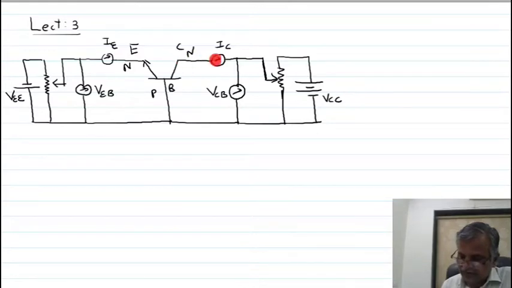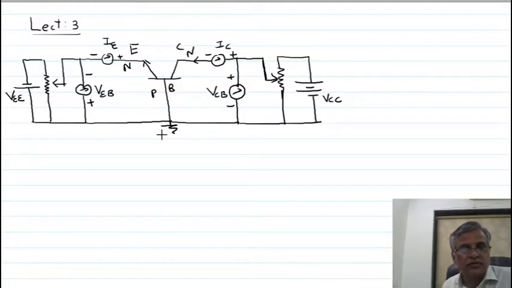This collector N-type material is connected to the positive terminal of the battery, so it is in reverse bias. This is the sign of the meter I am showing you. The base is common, or it is grounded. Listen, the circuit diagram to obtain the input and output characteristics for common base configuration is as shown in the figure.